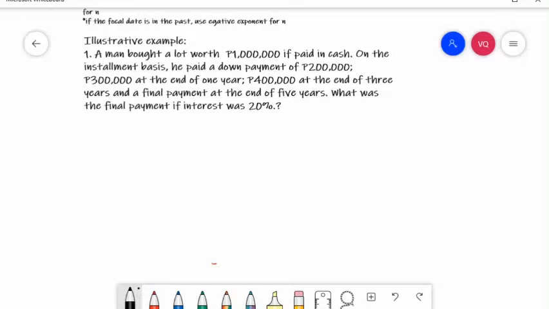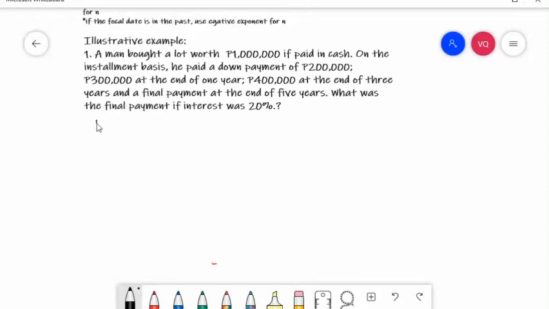So, the amount of the lot if paid in cash is 1 million pesos. But maybe he cannot afford to pay in cash. That's why he availed the installment basis offered by the seller. He paid a down payment of 200,000 on the same day.